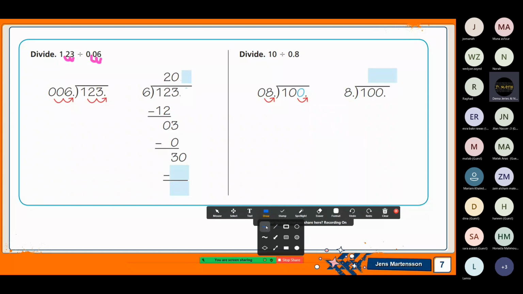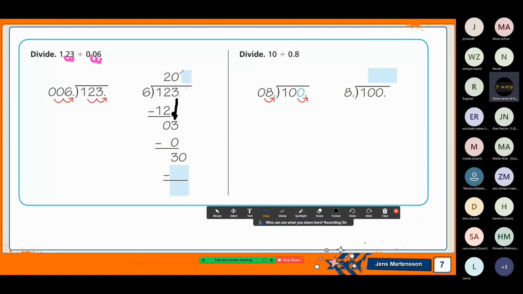Now, let's do it now. 12 divided by 6 is 2. 2 times 6 is 12. The remainder is 0. Then we bring the 3 down. Now look at this one here. 3 divided by 6. Can you, grade 5? No, teacher.